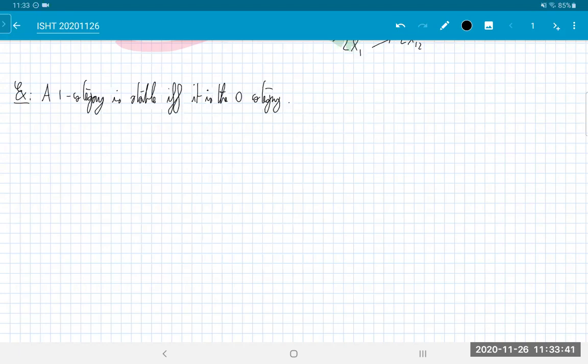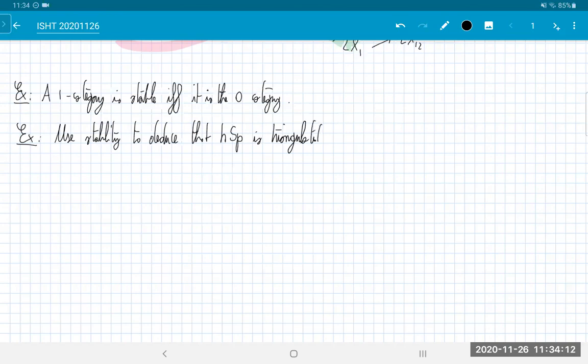So okay, and why do you expect this property? Well, let me put another exercise, which might or might not be enlightening depending on your background: use stability to deduce that the homotopy category of spectra is triangulated, if you've seen triangulated categories before.